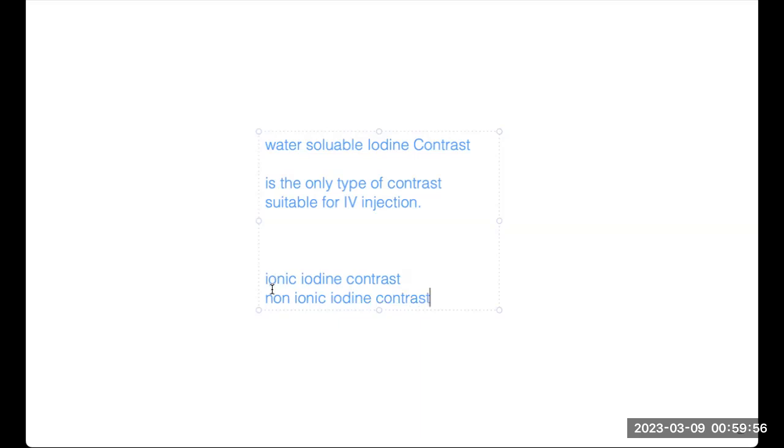If something is ionic iodine contrast, that means you have the water-soluble molecule, and in blood, it starts to dissociate and forms ionic molecules in the body, charged particles.